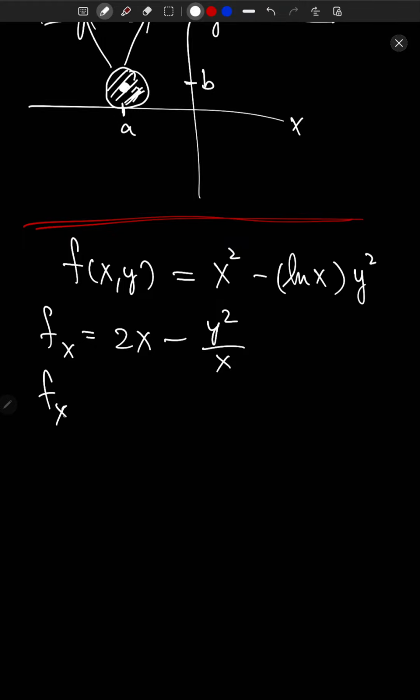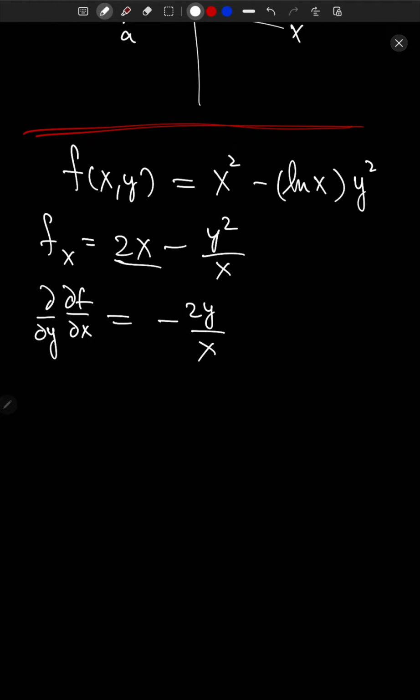Now let me do it with the other notation, because I think it's more clear which derivative you're doing first, which derivative you're doing second. So let me write it like this. It equals the derivative of this guy above with respect to y. And so this 2x goes away because it's just a constant, minus the derivative of y squared is 2y, so 2y, and then the x is just a constant.